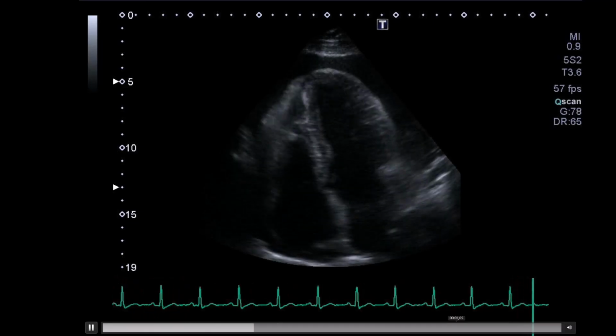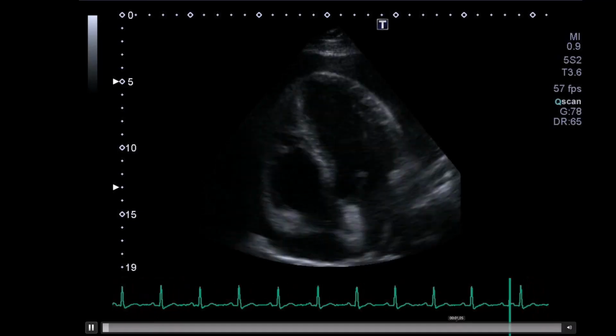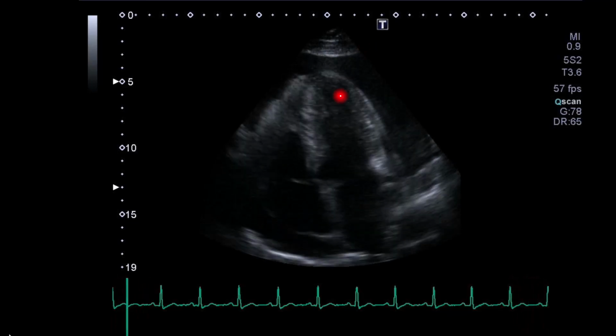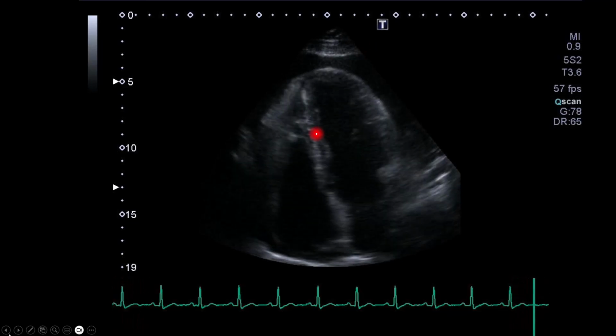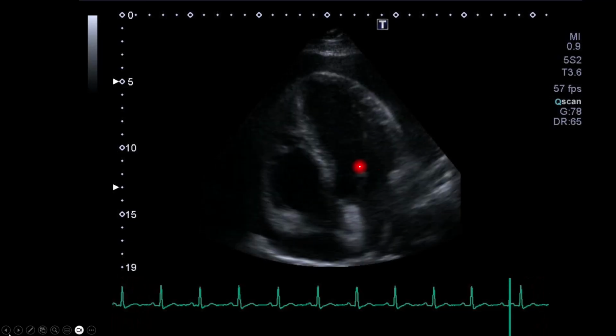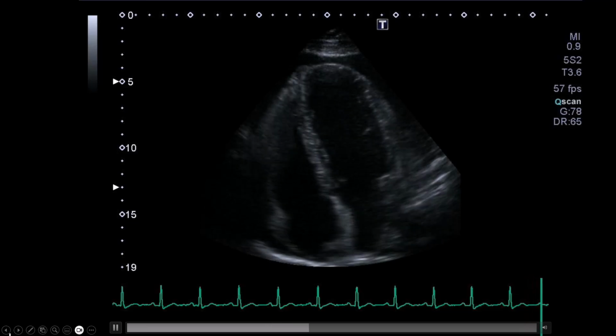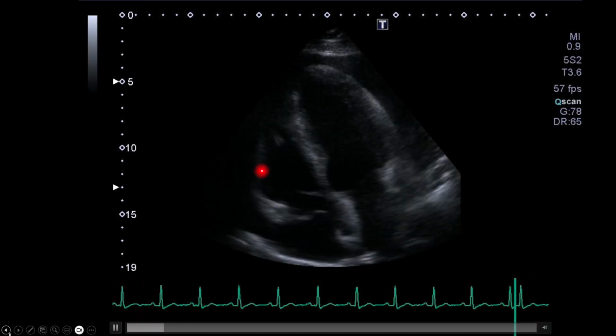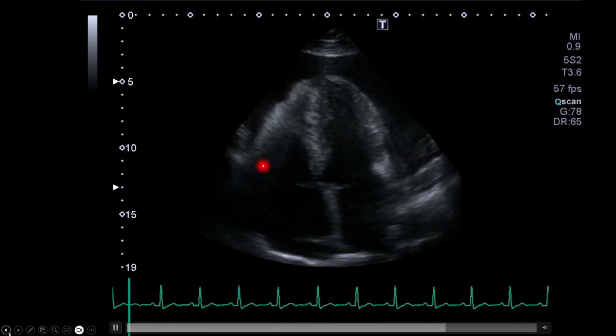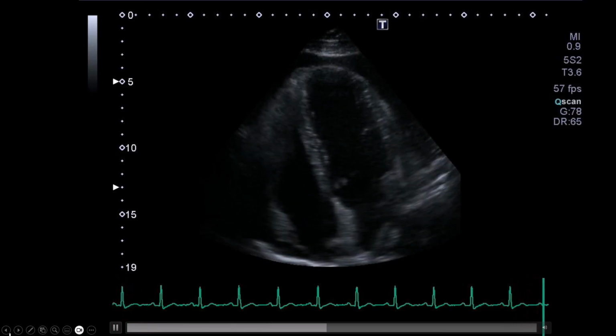Okay, let's look at the next image, the four-chamber view. We can see that the left ventricular function is actually still quite good. The EF is certainly okay as well. And when we look at the right ventricle, we also have the feeling that at least the longitudinal function is still quite well preserved.